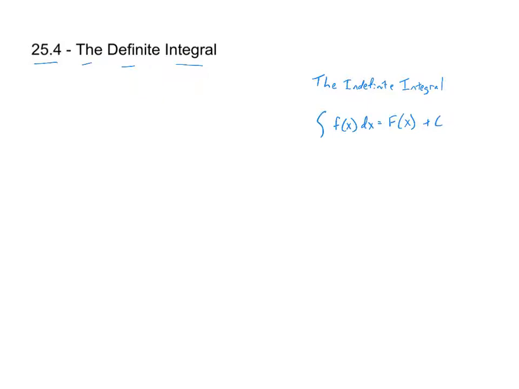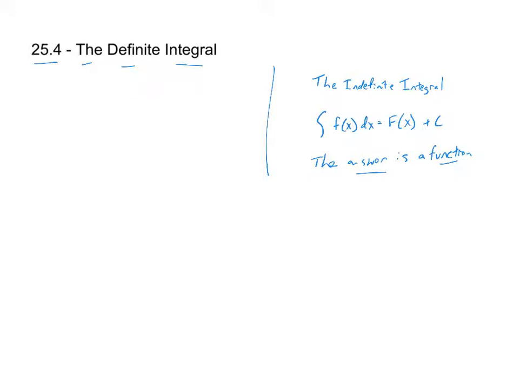So when there's no a and b bounds, that is called an indefinite integral, and the answer is a function. That's a key thing to know with indefinite integrals.